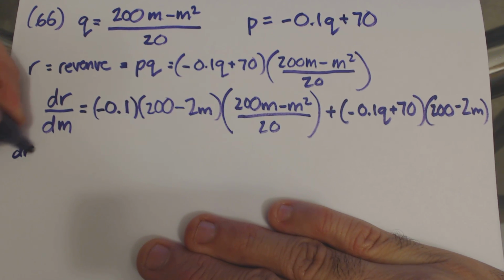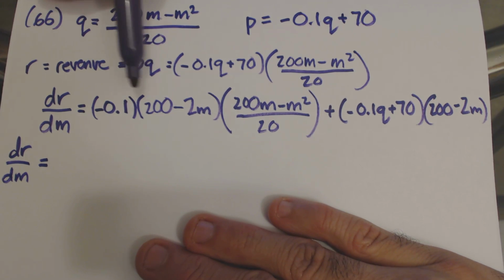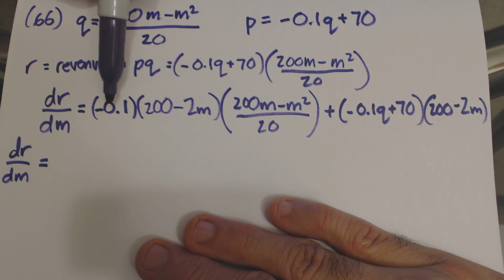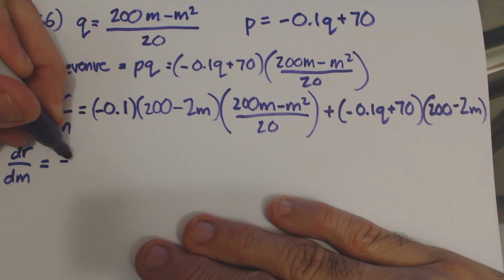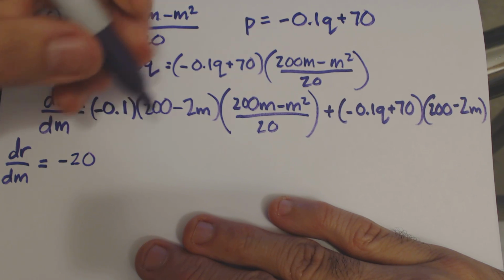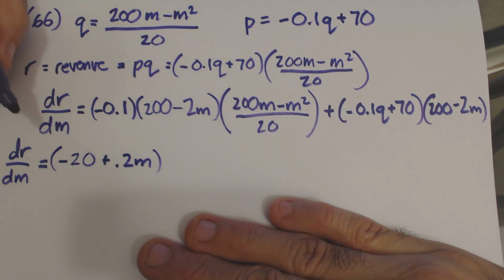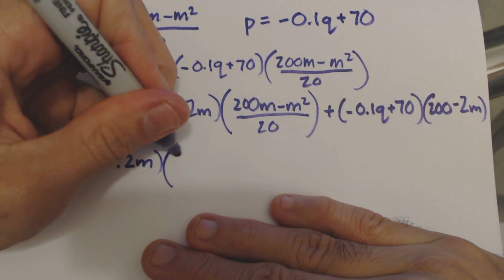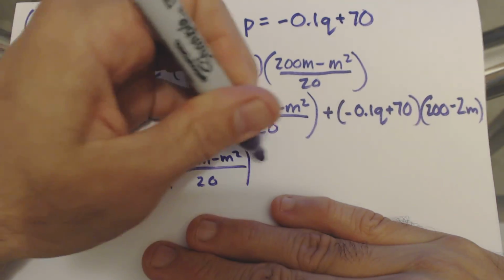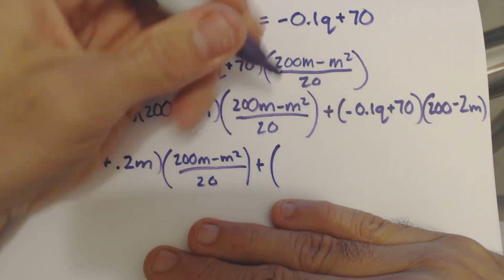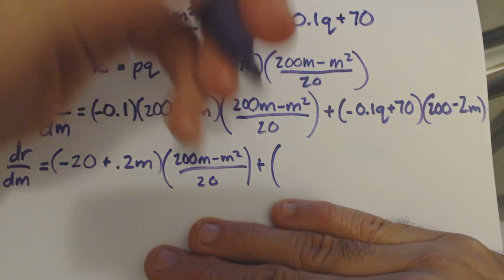So now let's keep on trucking here. 200 times 0.1 is 20, so negative 20 plus 0.2M times (200M minus M squared) over 20, plus, we need to plug in this expression for Q into this term here.